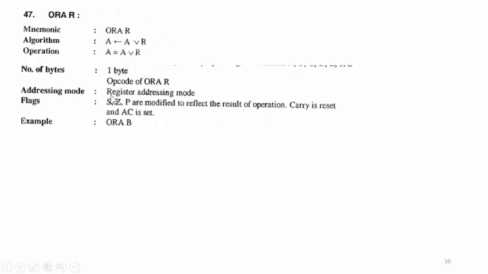Size of the instruction is 1 byte. For this ORA R instruction, you will get single byte opcode. That's why the size of the instruction is 1 byte. Addressing mode is register addressing mode, because in the operand field you will find a general purpose register, any register.